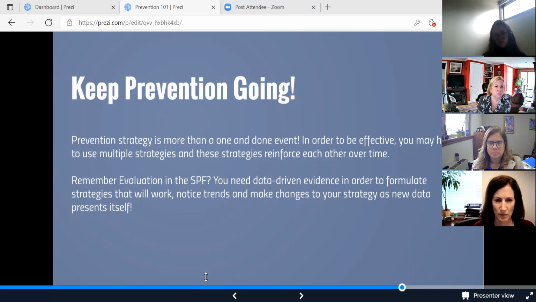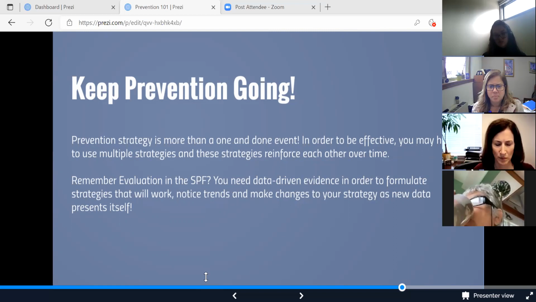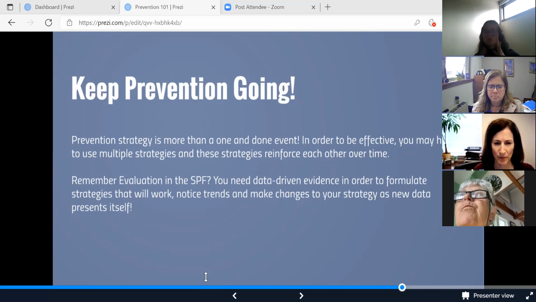We might have to tweak our strategies a little bit based on what new data comes in, or if we have changes in our population, as sometimes populations change. Sometimes you might have a wave of different people moving into the area. So it's always important to reevaluate as time goes on, in case you have to change out your strategies, in case you have to do more events, reach out more to the community.